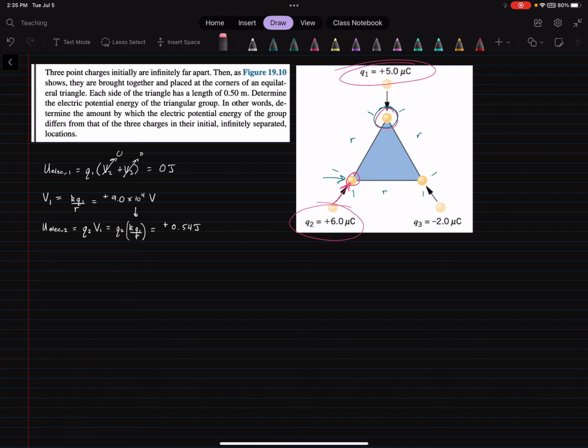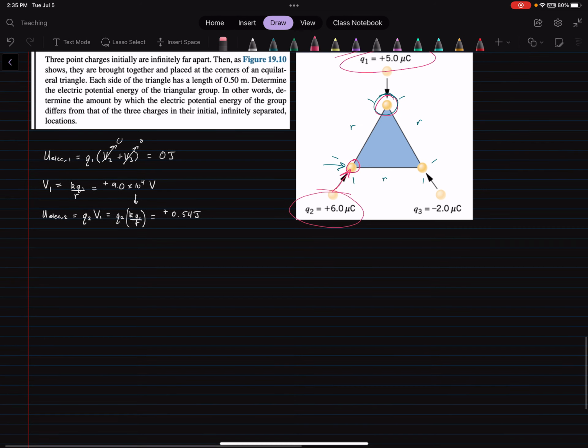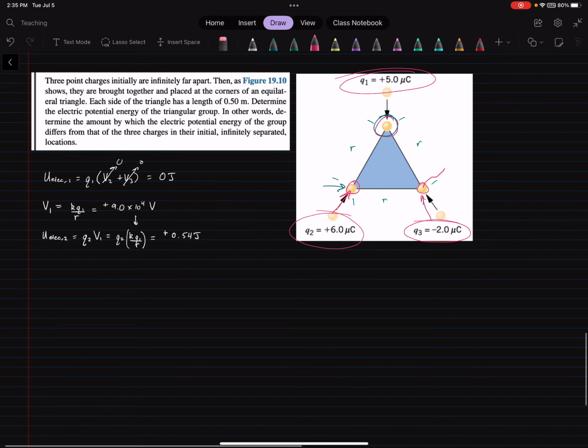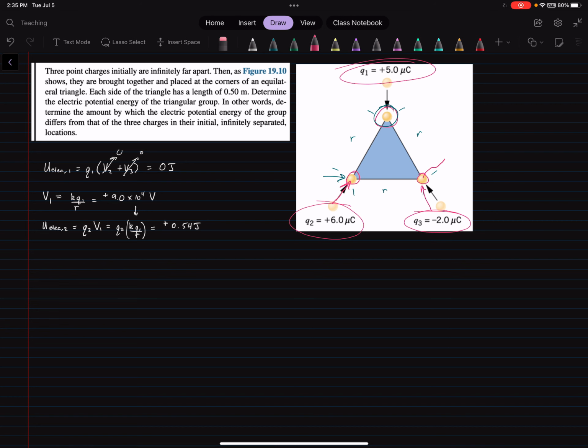All right, so now thinking about that third charge moving in here from infinity to this spot here, we want to calculate the potential at that point. And now the potential at that point is altered by or affected by both Q1 and Q2's presence nearby.